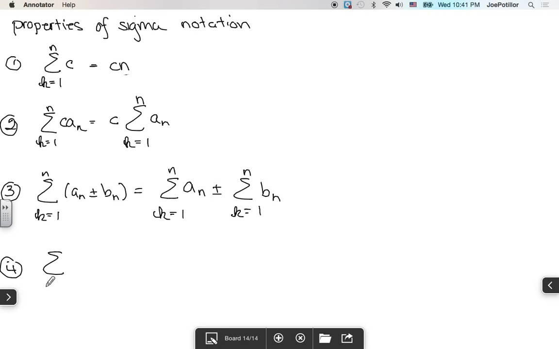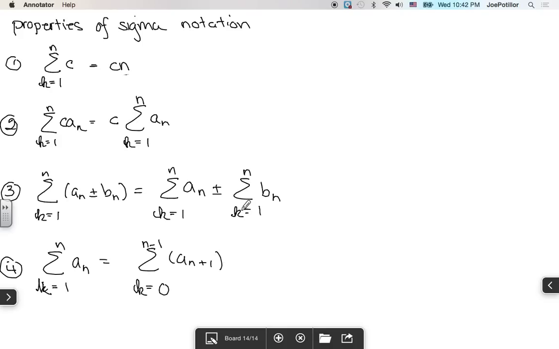So the sum is equal to the sum, sorry, this is a k, of k equals 0 to n minus 1 of a sub n plus 1.